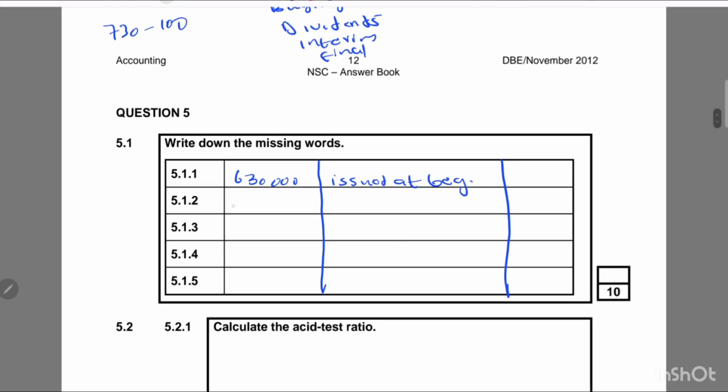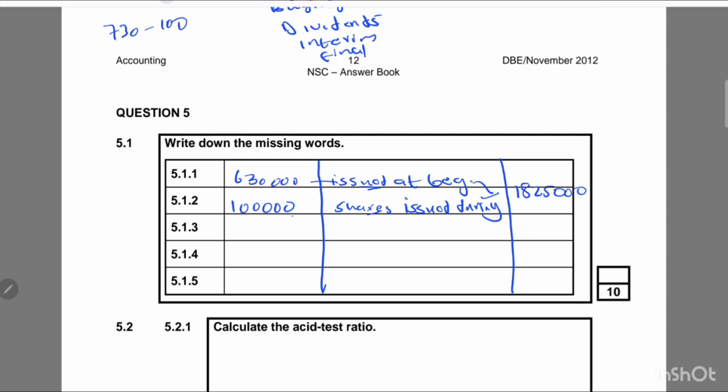And then we are given that 100,000 shares were issued during the year, but I'm not given the price here. But I know that when I add the price at the beginning and the price during the year, it must give me the 1,825,000, because it's the total of these two.